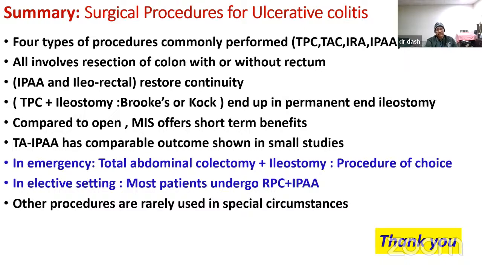And in one procedure, we do ileostomy after total proctocolectomy. If we need to do a continent ileostomy, go for Kock pouch. Compared to open, minimally invasive surgery offers short-term benefits. The newer technique, transanal ileal pouch anal anastomosis, has comparable outcomes shown in small studies.